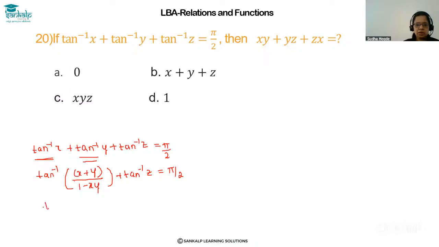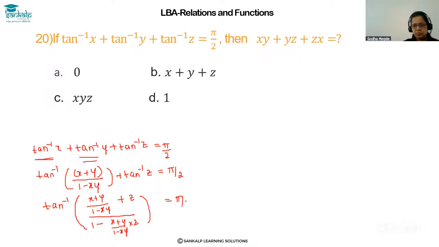Therefore, it is tan inverse x plus y divided by 1 minus xy plus z whole divided by 1 minus x plus y divided by 1 minus xy into z. This is equal to pi by 2.